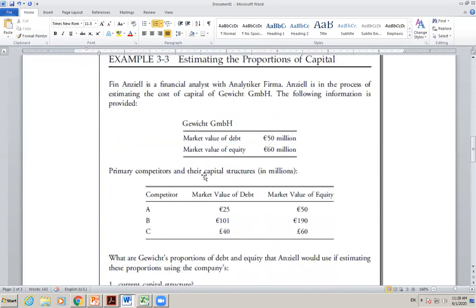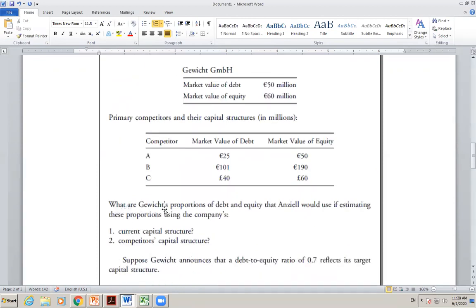Primary competitors and their capital structure in millions are given here as well. We will use two methods. One method, when our capital structure is given, we'll come up with a proportion of the debt and proportion of the equity. And the second, when our competitors' capital structure is given. So what are the proportions of debt and equity?